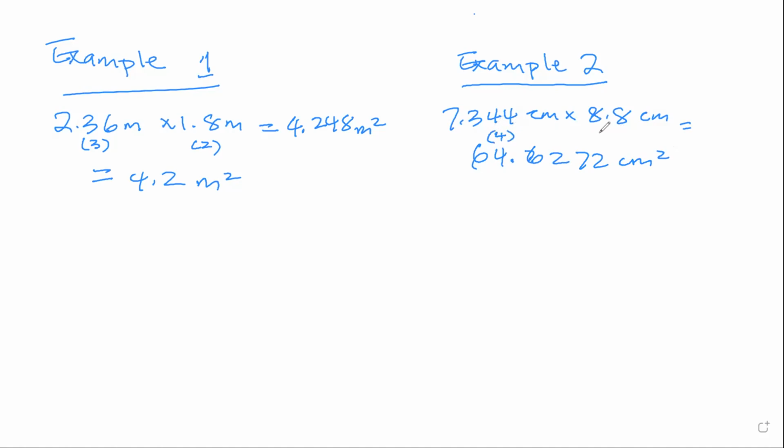The second number has 2 significant figures. So that means the answer will have 2 significant figures. So we have to round this to 4.6 something. So 6 is 5 or more. That will be 65 centimeters squared.